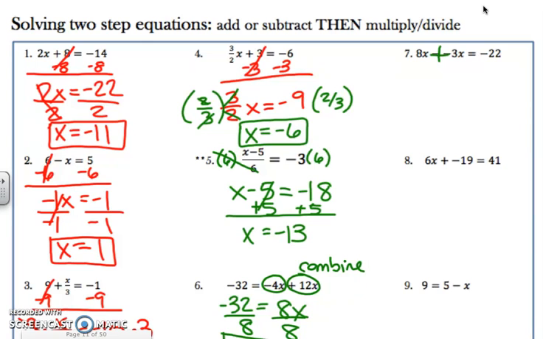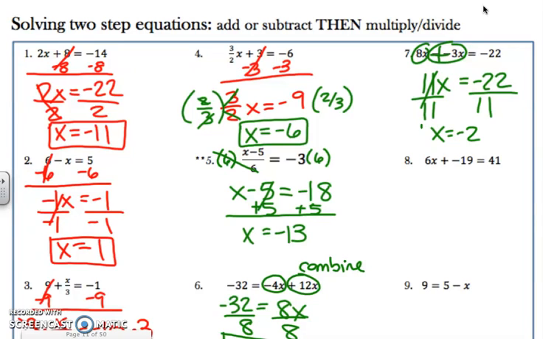And I have a problem like we just did on number 6. So I'm going to combine like terms. And I know 8 plus 3, 8, 9, 10, 11x. Drop down the negative 22. Divide by 11. And x equals negative 2.